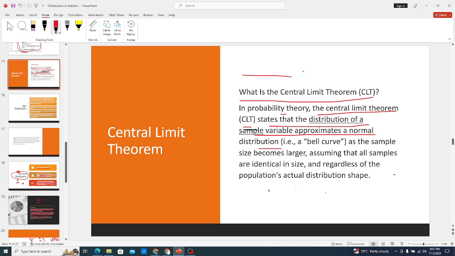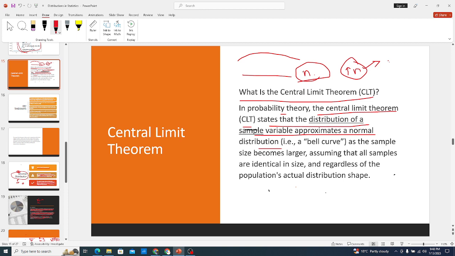As we increase n, the sample data will also assume a normal distribution.